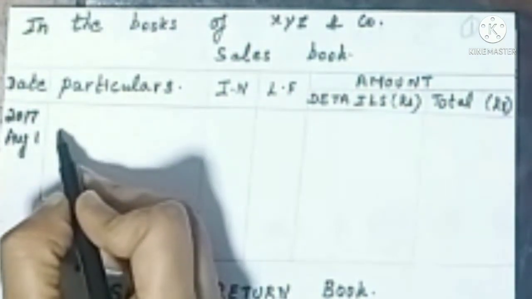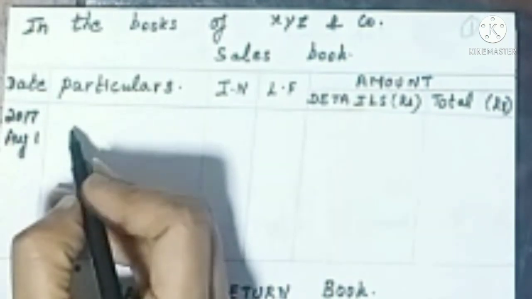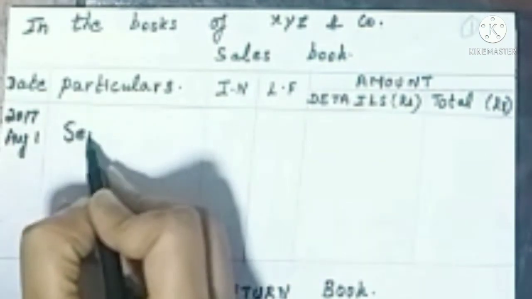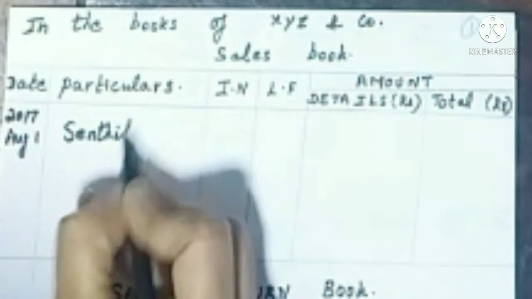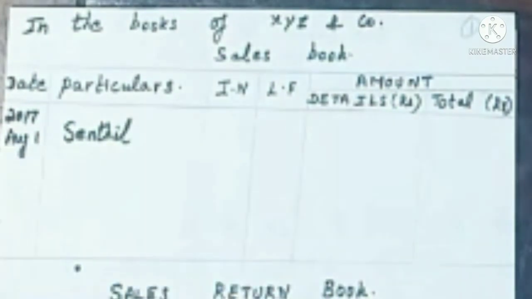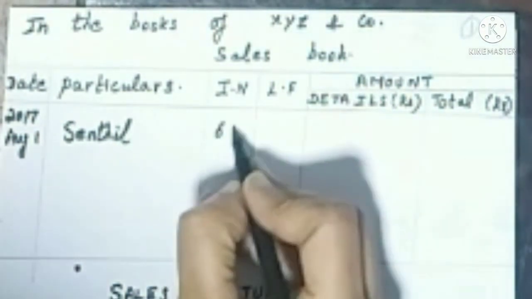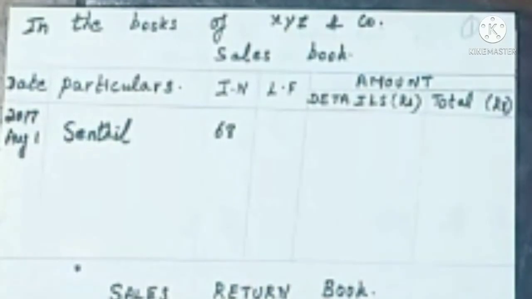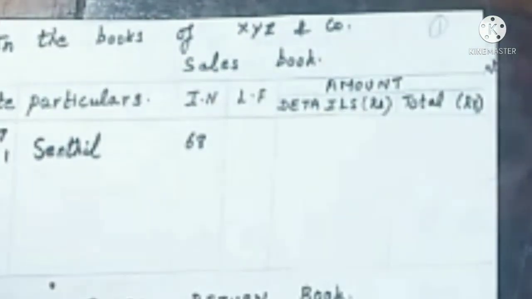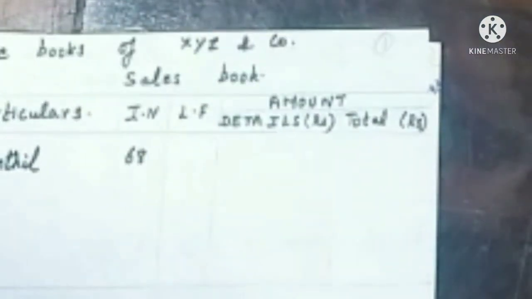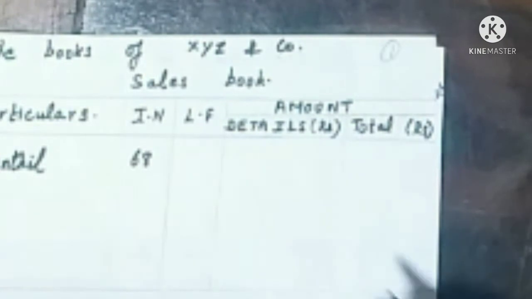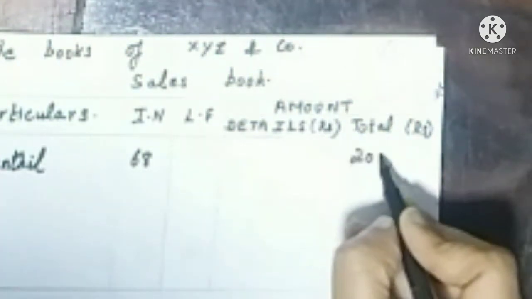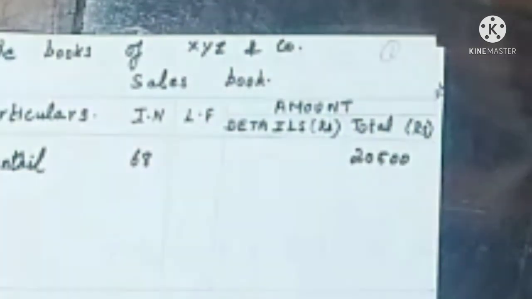The goods are sold to Sendil, so I am going to write Sendil. Invoice number is 68. Amount is rupees 20,500.